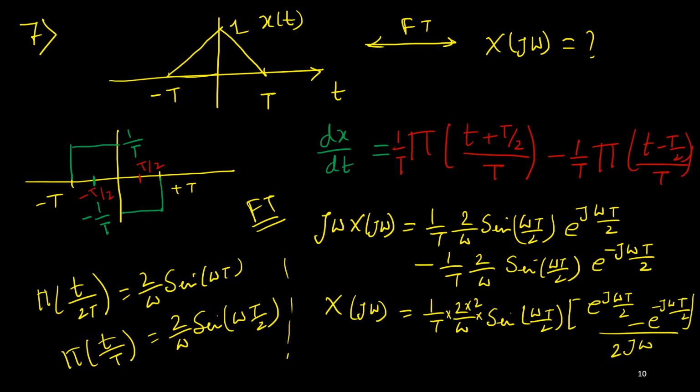Then this becomes sine omega T by 2. With this omega there, what you will get is 1 upon T times 4 by omega squared, and sine omega T by 2 again, which means sine squared omega T by 2. So we can write 2 upon omega, sine omega T upon 2, squared. So in other words, X of j omega is a sinc squared. The gate function has a sinc function, and for the triangular function we have a sinc squared, right?